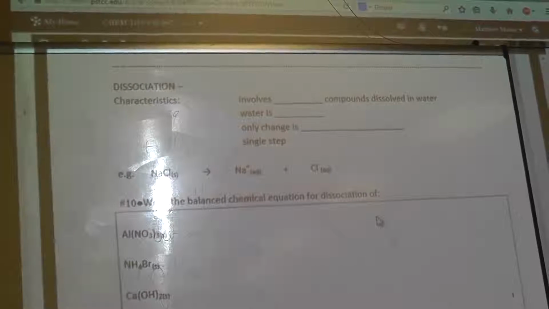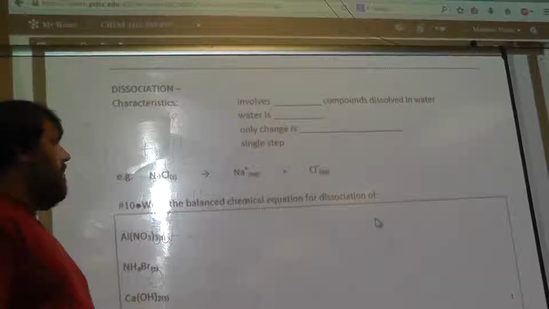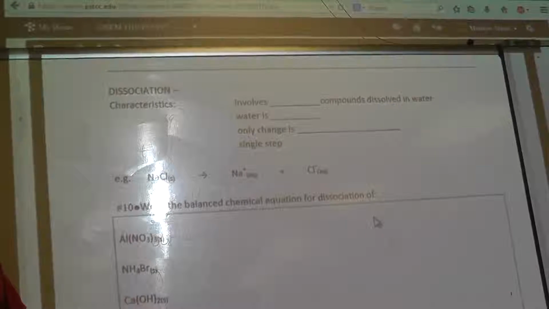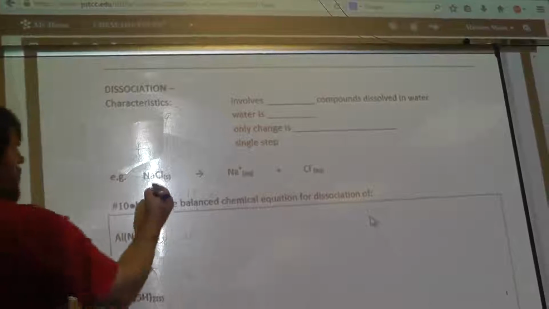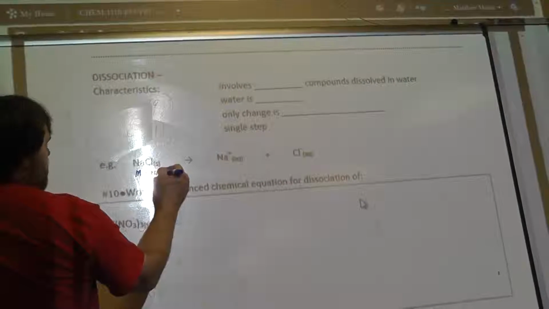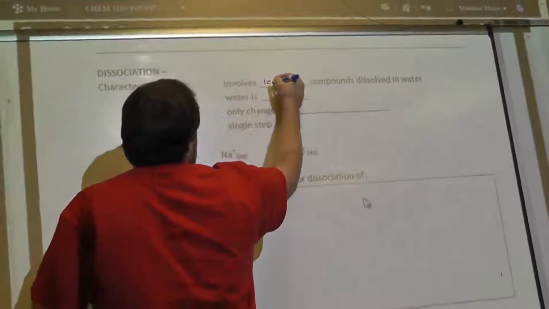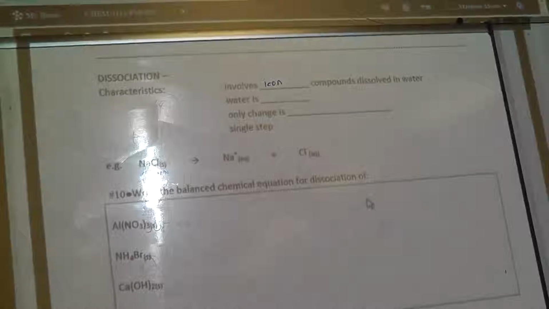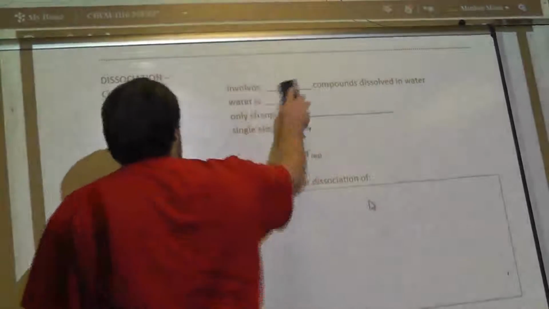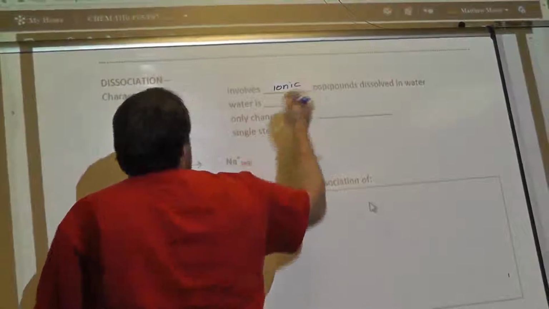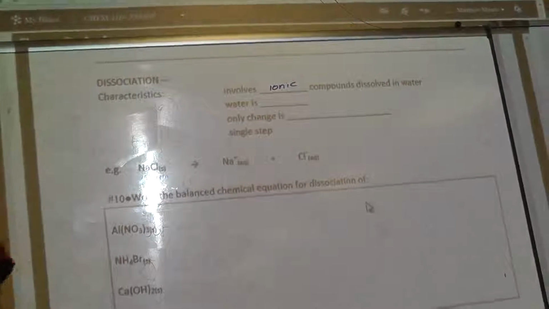So, dissociation involves what kind of compounds? What kind of compound is that? You've got a metal here and a non-metal. Ionic compounds dissolved in water.